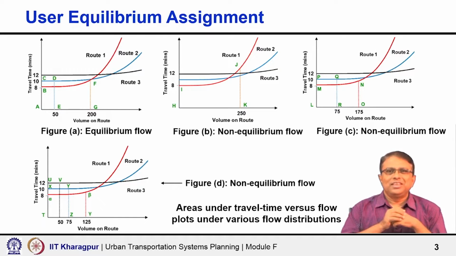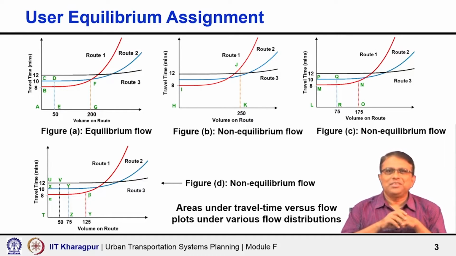So, taking a cue from this, we proceed further. Now, we shall go for the mathematical formulation of the user equilibrium problem. What will be our objective? We know that for user optimal equilibrium, or UE, the total area under these curves will be minimum.